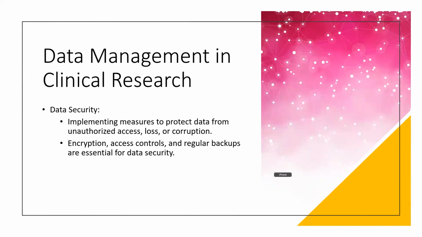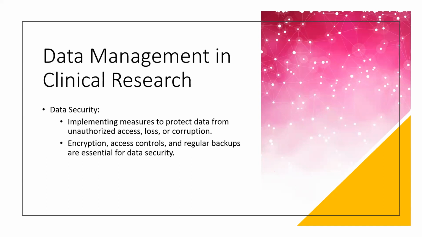Data security. How do you secure the data that has been collected for that study? Implement measures to protect data from unauthorized access, loss, or corruption. If at any point in time one of the users loses their ID or forgets their password somewhere, and someone else, a third-party person, gets access to that data, they may have access to patient information, which is not appropriate.